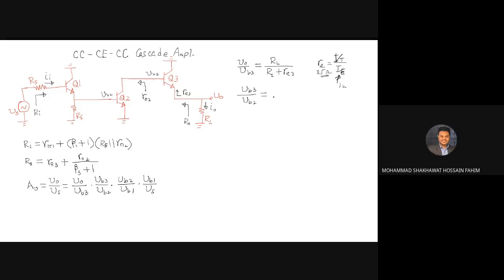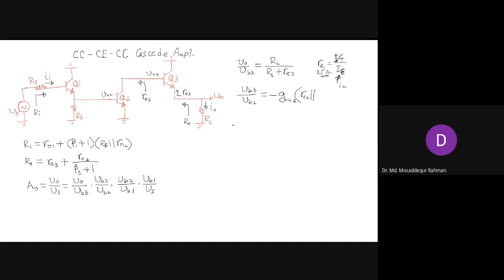Minus gm times, gm times R02, in parallel with R pi 3 plus RL.